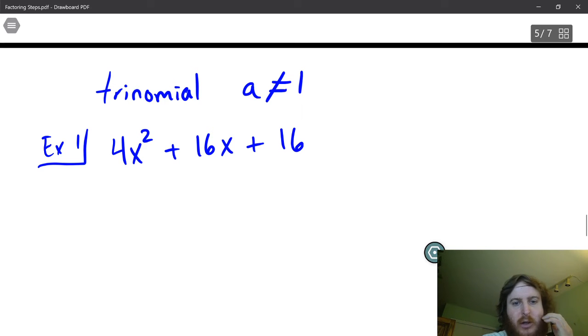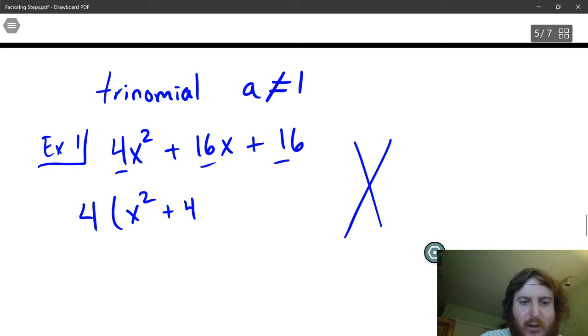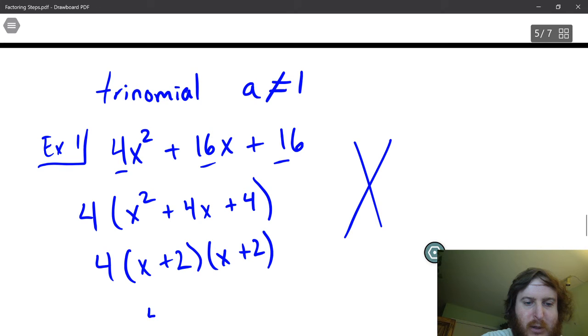And if we notice that there's a 4 in every single one, we don't have to do the x method. If we tried to do the x method here, it would be really hard. But instead, if we factored out a 4, this question is now actually really easy. And you just get x plus 2 and x plus 2, which simplifies to x plus 2 squared.